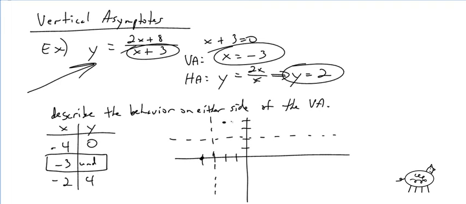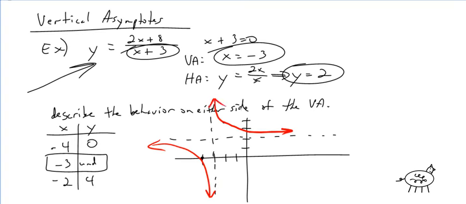This helps you realize what the graph is going to look like, something like this. You're hugging the asymptotes, so be a little neat about it. And that's what your graph is.